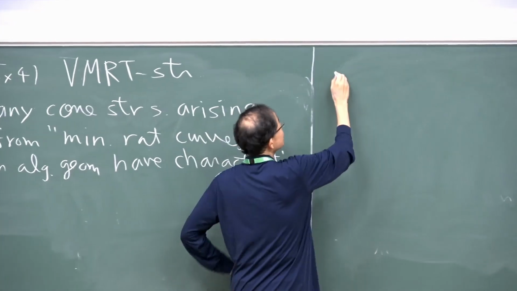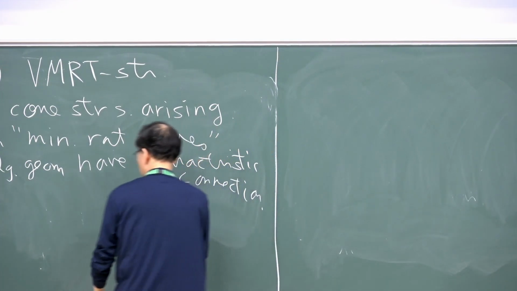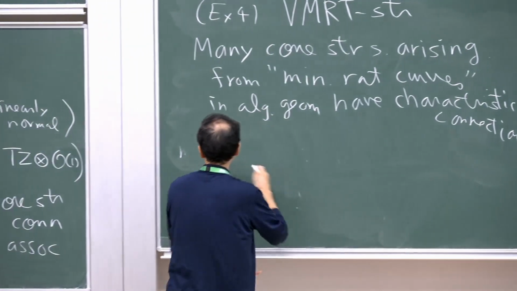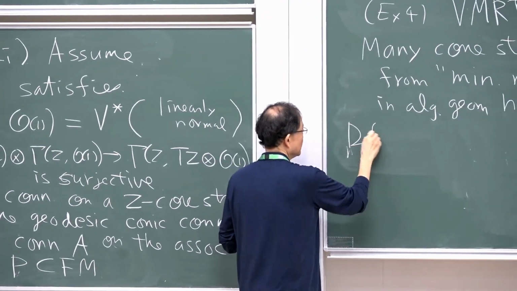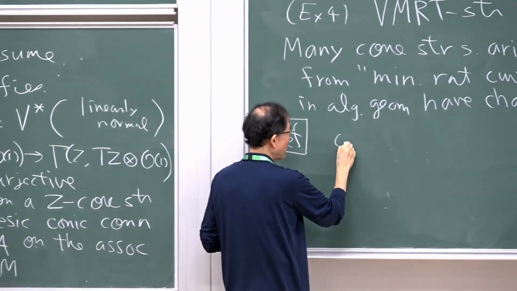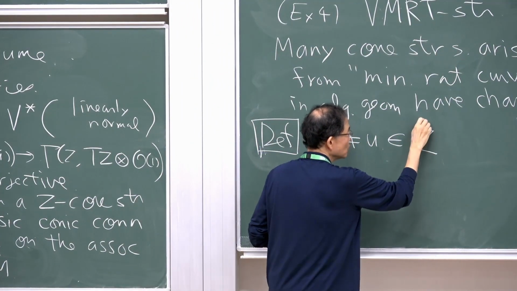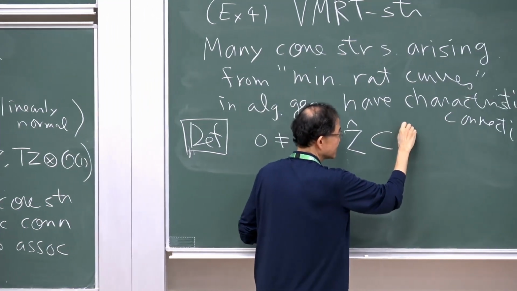Now let's make one definition. Let's choose a point u in the affine cone, different from the vertex.